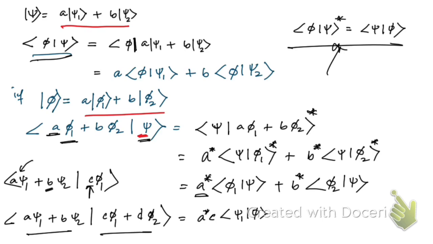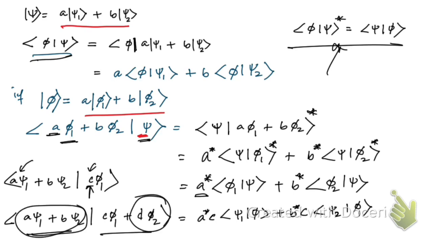So here b star, then this scalar again comes out, c, then phi 2 and psi 2 and phi 1, right? Now let us take this part with this one. Now let me replace this one by d phi 2, then again use this result.